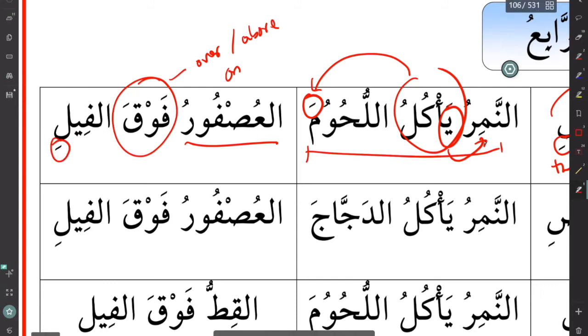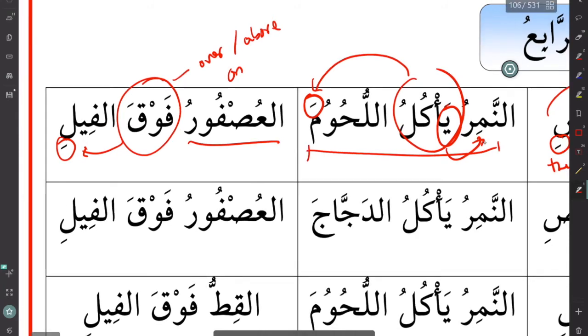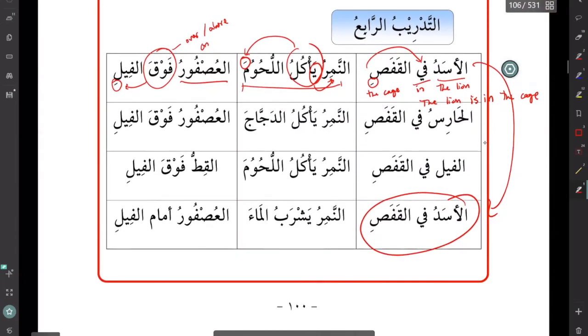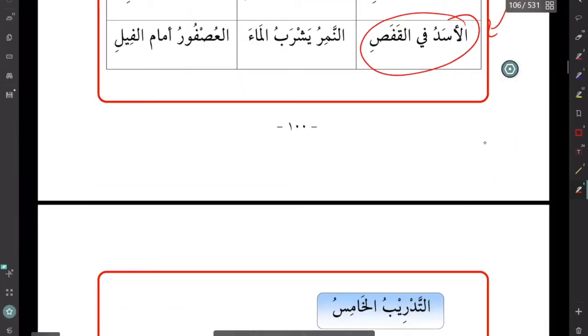Al-fil, again, this is one of the prepositions, and then you have kasra after the next word. Okay, so fil is what? Elephant. Now you translate word for word, the bird or the sparrow, on or over or above, what? The fil, which is the elephant. Okay, so inshallah, I think you should be able to do these translations.